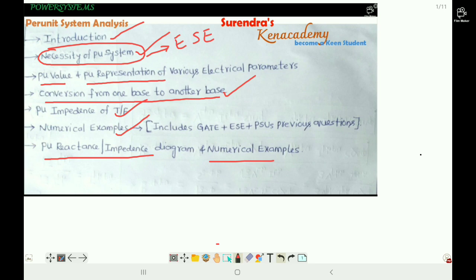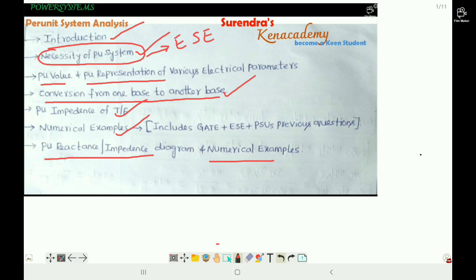With that knowledge, I will explain how to solve any numericals in that concept. If there are any GATE or ESE or PSUs questions, I want to explain those questions with solutions in detail.